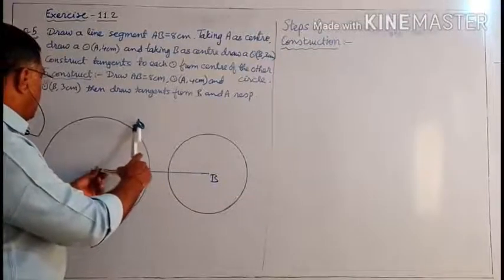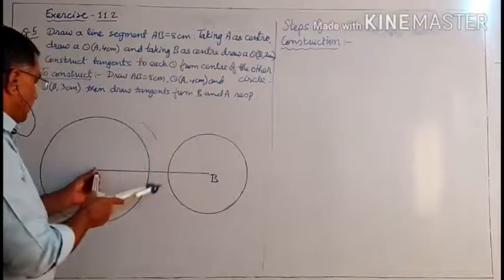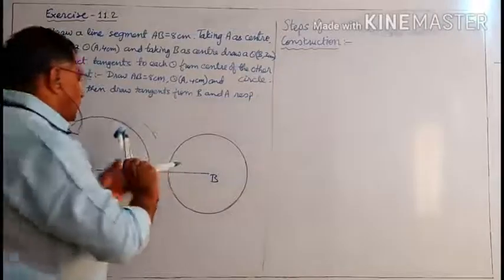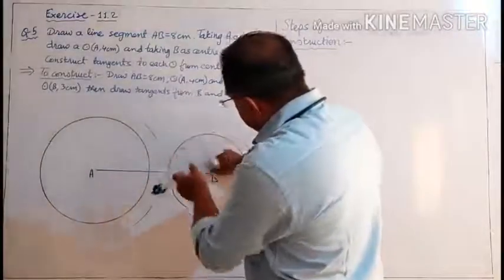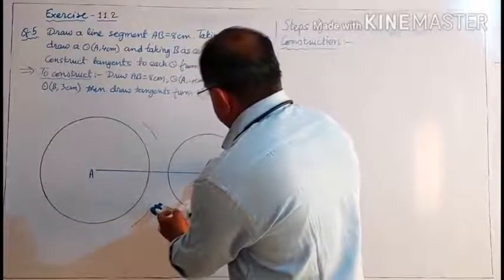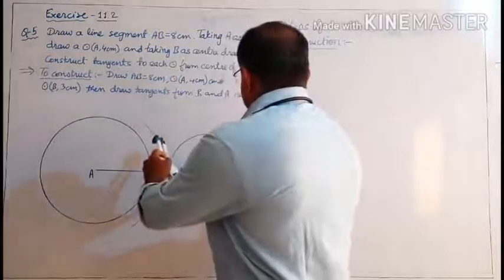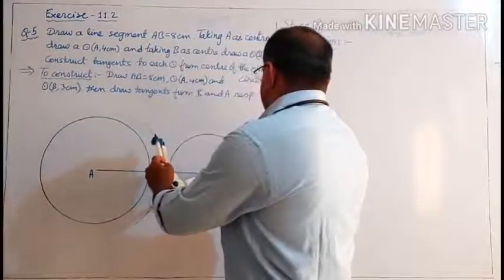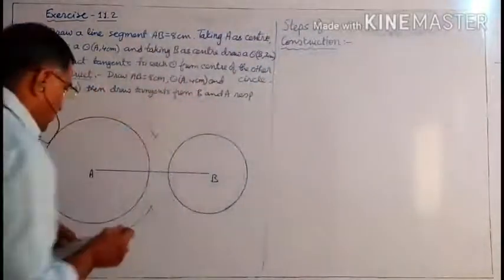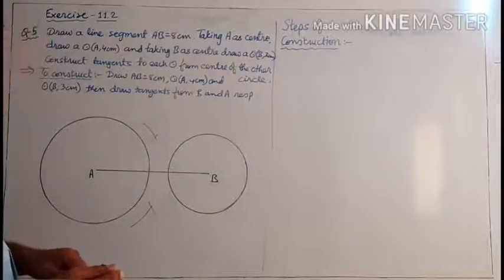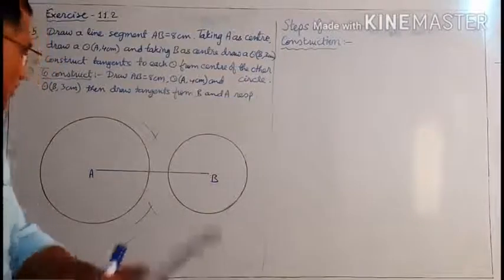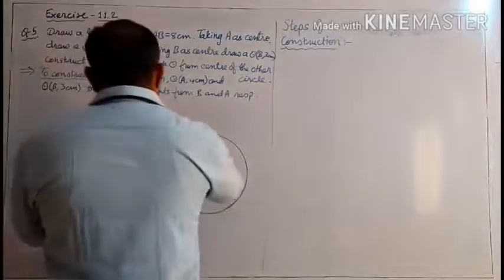So taking radius more than half of AB, then taking this point as a center, we have to draw the arcs that will intersect. So now we will get the perpendicular bisector. So let us have the perpendicular bisector here.